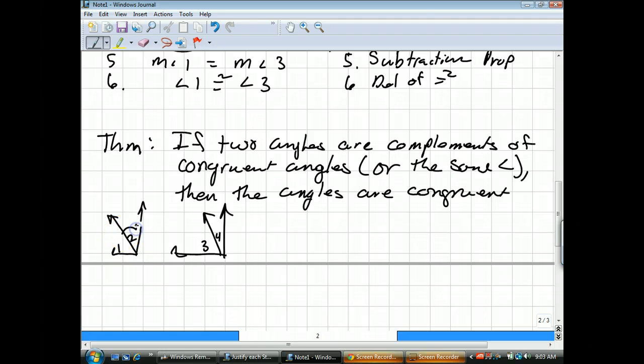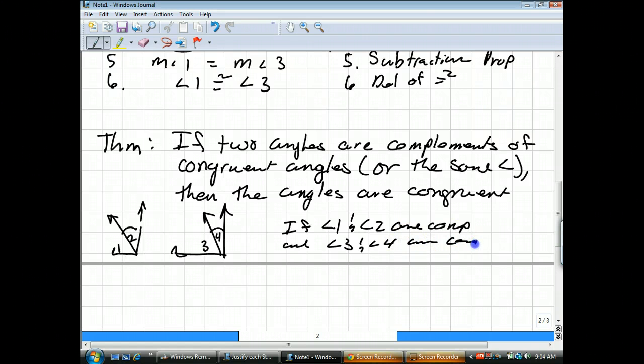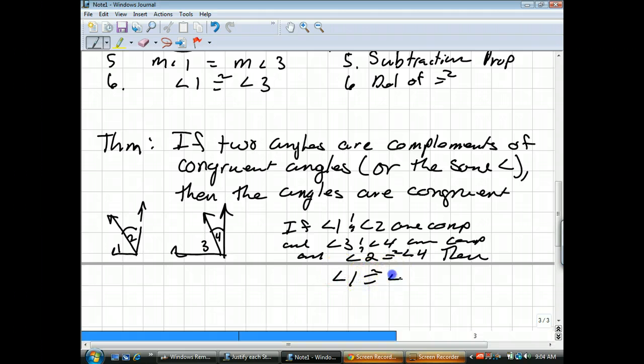So in this one, angle 2 is congruent to angle 4. So the theorem says if angle 1 and angle 2 are complements and angle 3 and angle 4 are complements and angle 2 is congruent to angle 4, then angle 1 must be congruent to angle 3.